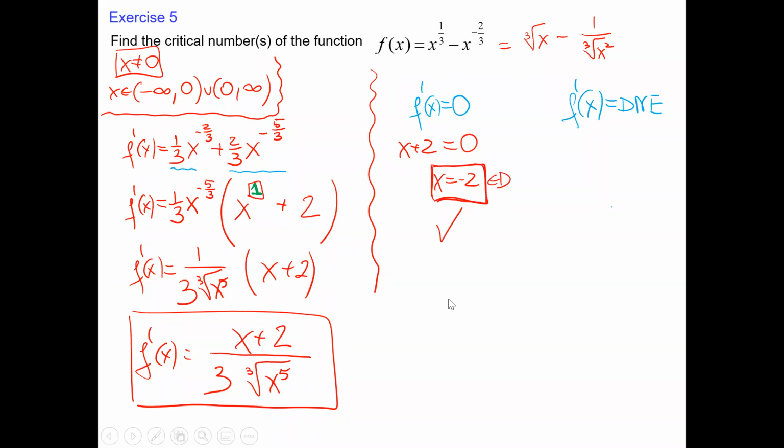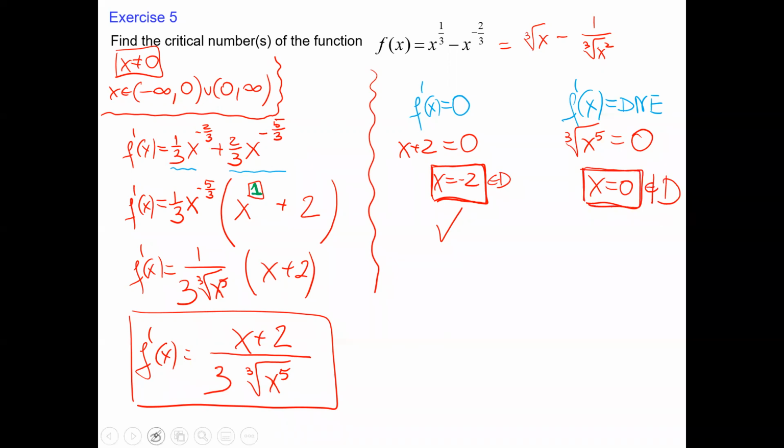Okay. Now, I have one correction. Derivative is undefined if this fraction is undefined. This fraction is undefined if the denominator is 0. Of course, the denominator is 0 if x is 0. Oh, I think my statement was a little bit incorrect. This number is not in the domain.